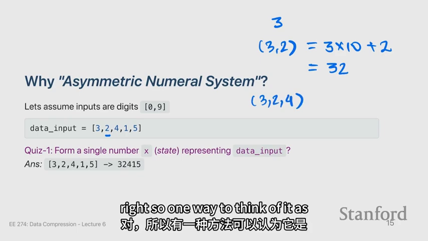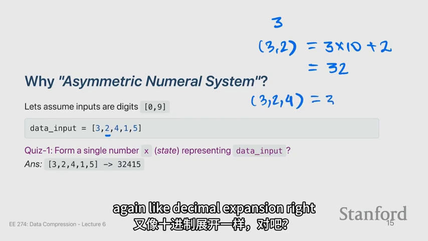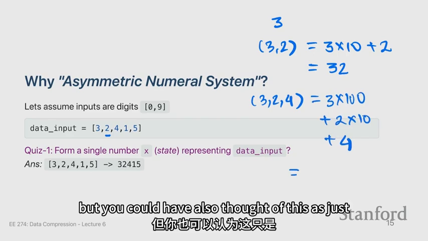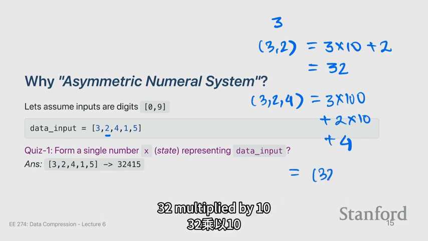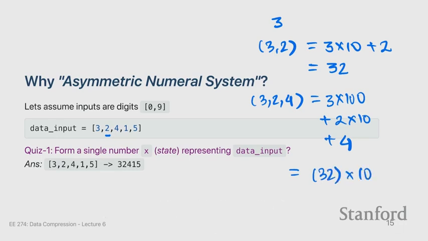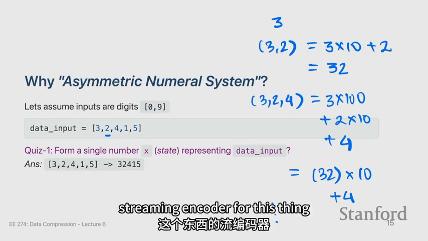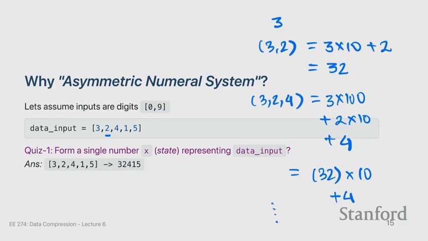One way to think of it is again decimal expansion: 3 times 100, 2 times 10, plus 4. But you could have also thought of this as just 32 multiplied by 10 plus 4, right? Does this give you an idea of forming a streaming encoder for this thing?